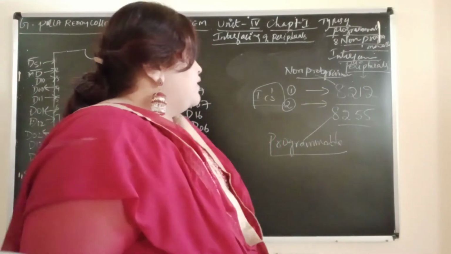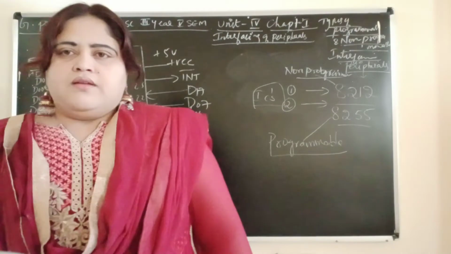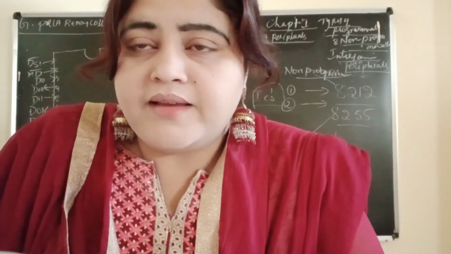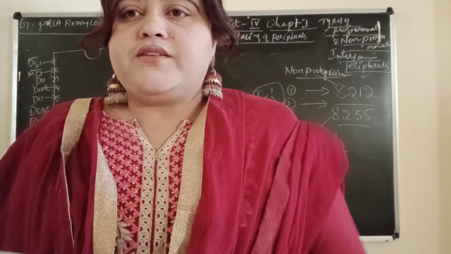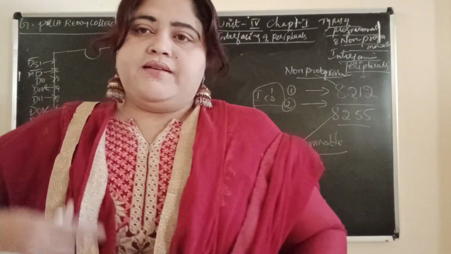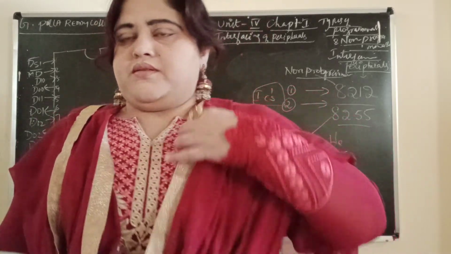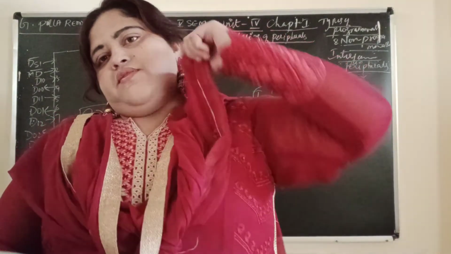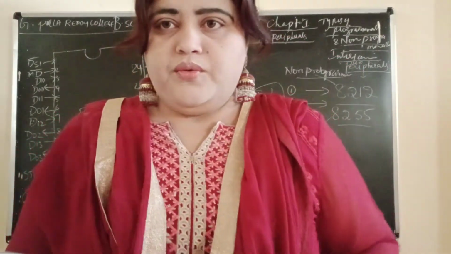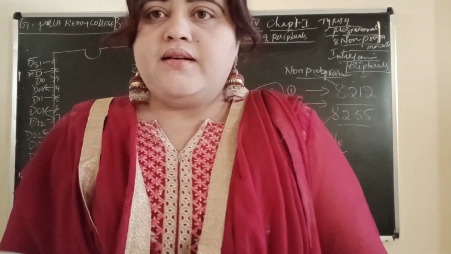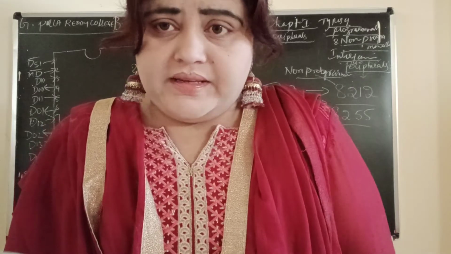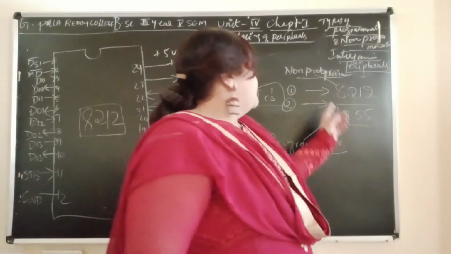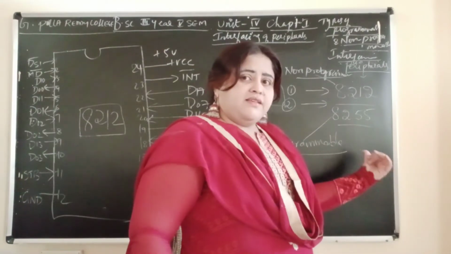In this chapter you have how many topics? Two topics. The first IC is 8212 and the second IC is 8255.